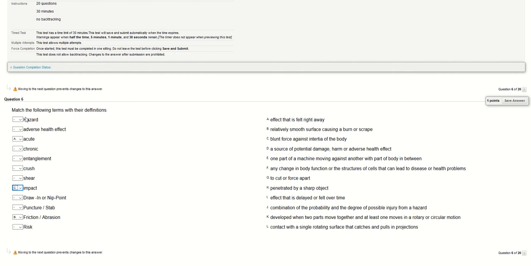That should be a hazard. One part of a machine moving against another with a body in between. I think that is a shear. Any change in body function in the structure of cells, that is adverse health effect. To cut or force apart.